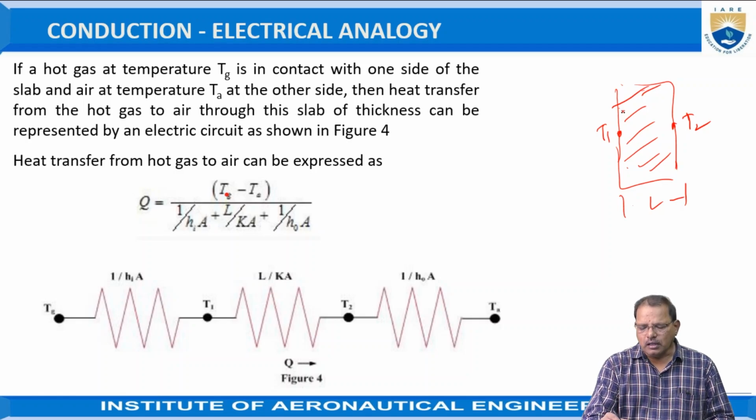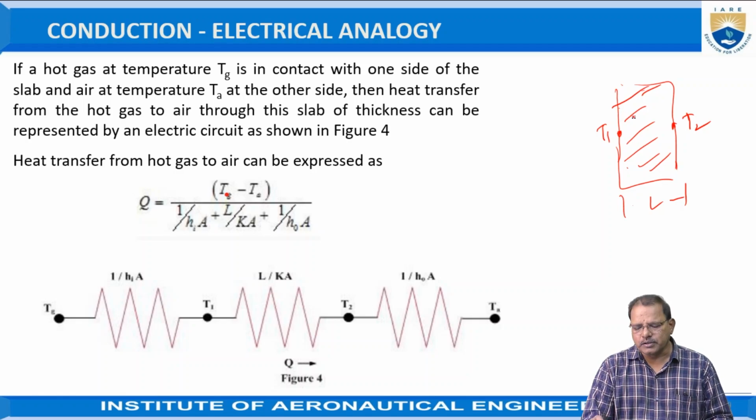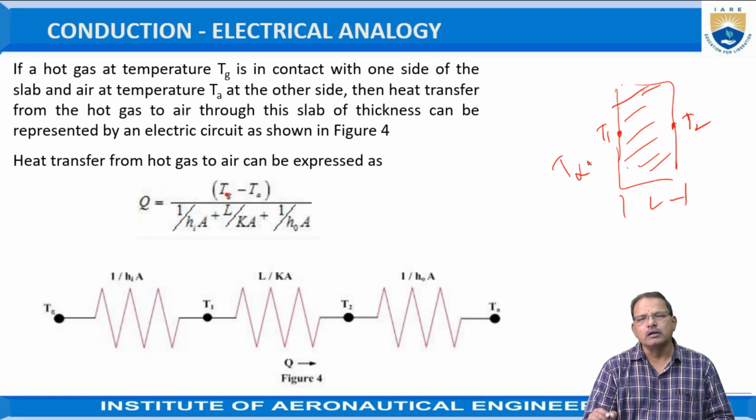The surface at T1, having higher temperature, is exposed to hot fluid at temperature T alpha, with H as the convective coefficient of the hot fluid.